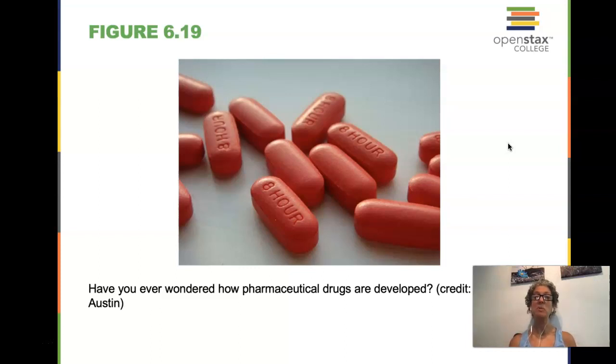So if we can specifically inhibit a microbial enzyme that is necessary for their life, then we can disrupt that microbe's capacity to metabolize and do no harm, or at least less harm, to ourselves.